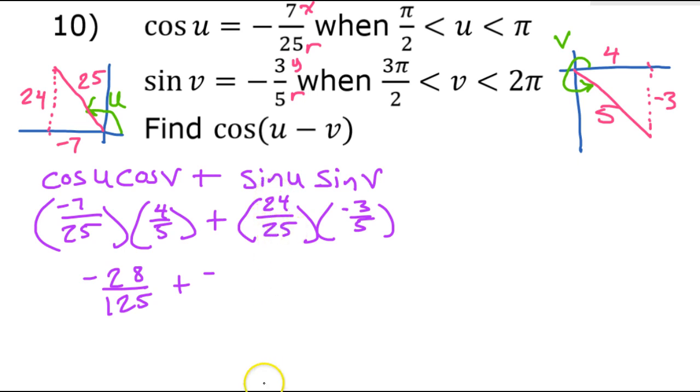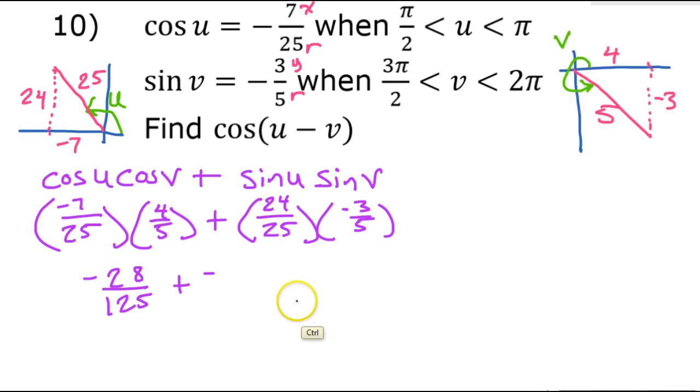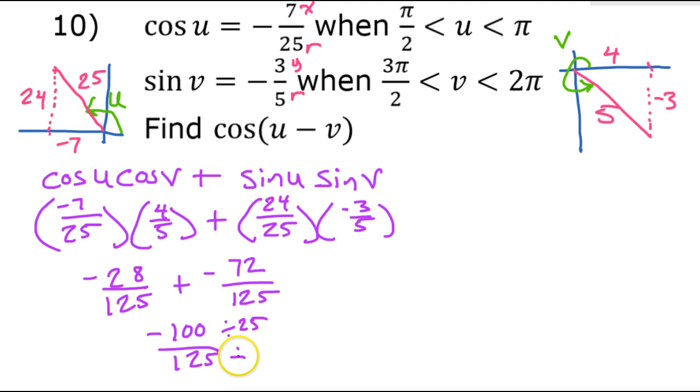Like 72? So I've got negative 100 over 125. Both of these are divisible by 25. So that's going to give me negative 4 over 5. So that should be the final answer.